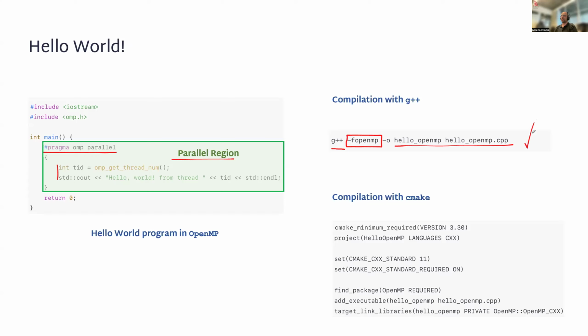This syntax works directly on Linux, but for Mac users, you need to do a trick because the Mac default compiler, Clang, does not support OpenMP. If you have problems, you can send me an email, but I can also put it on Moodle as well. And if you want to compile an OpenMP program using CMake, you can also use this configuration file that I provided here.